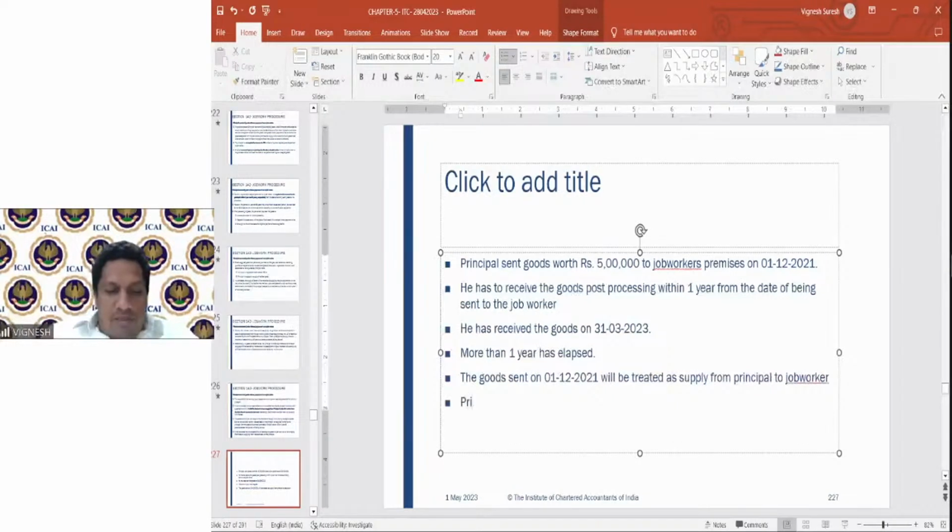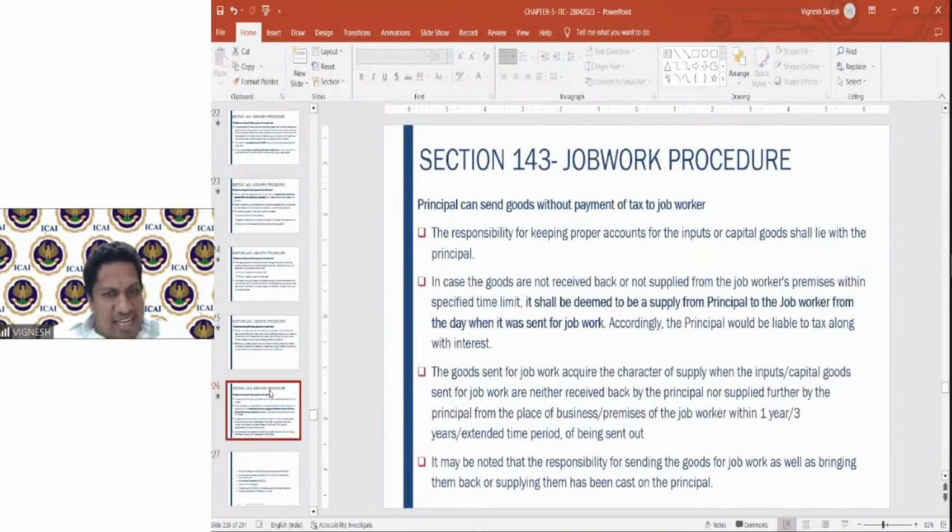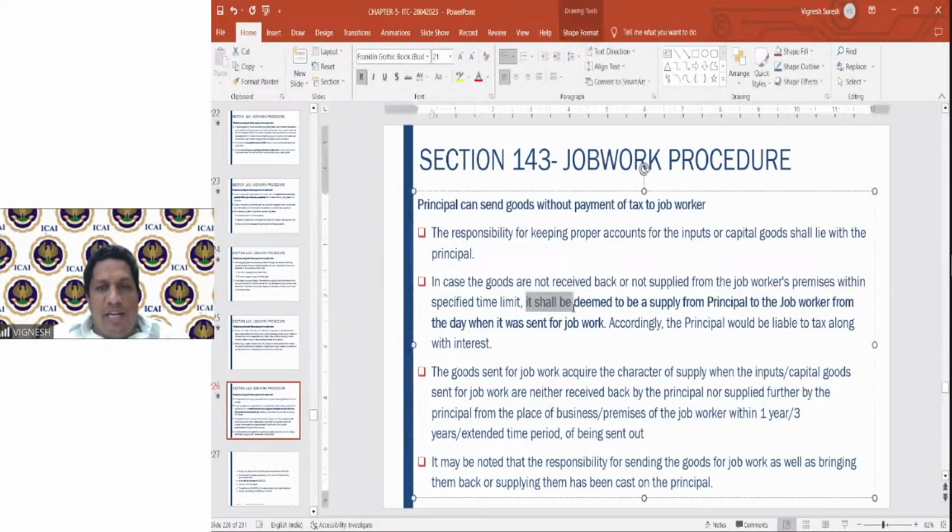Okay, principal has to discharge the GST along with interest. You understand? So if you see here, whenever it's not received back within the specified time limit, it will be deemed to be a supply from the principal from the date it was sent for the job. Accordingly, he will be liable to tax and interest.